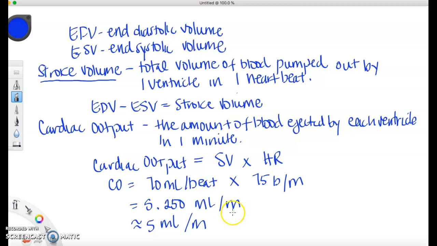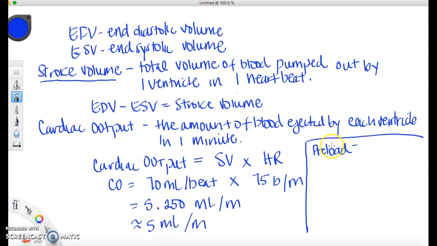So there's two things that affect this number, okay? And one of them is something called preload.